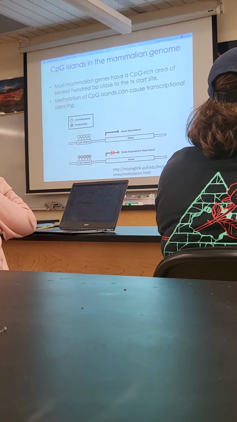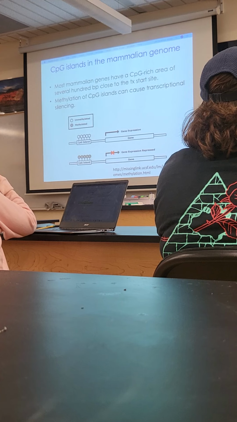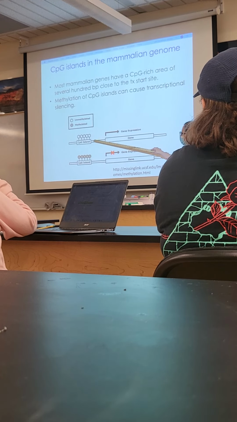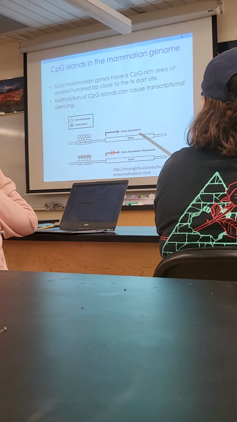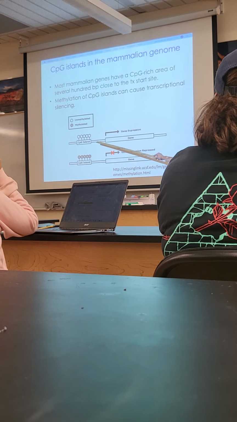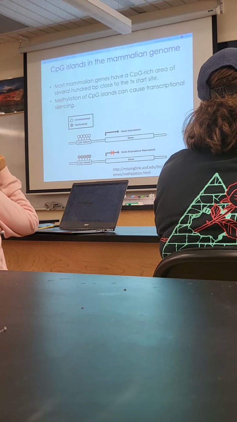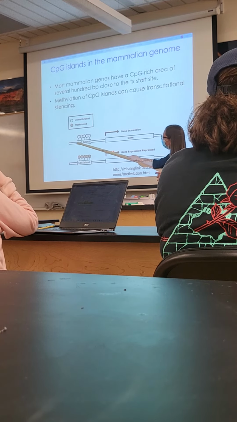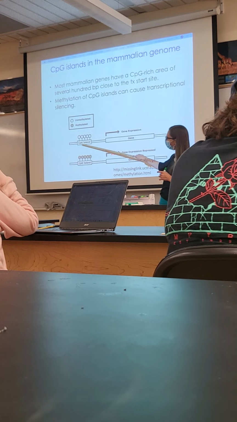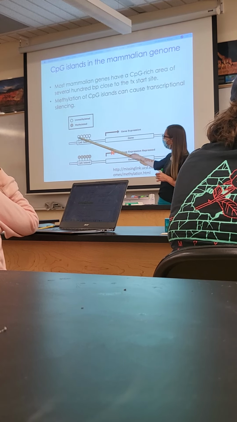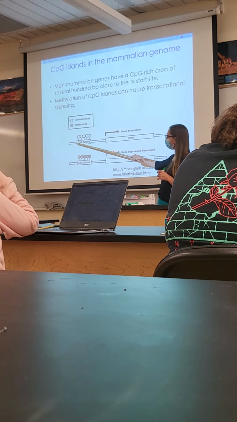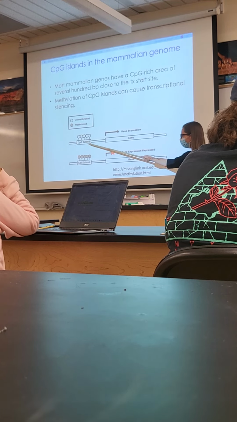So when we look at most genes, I'll just make this note here about the CpG islands. Most eukaryotic genes have regions in the promoter where there's a whole bunch of C's and G's. The CpG means it's a C with a phosphate group right next to a G. In this little diagram, when they're shown as open circles, it means those cytosines are not methylated.